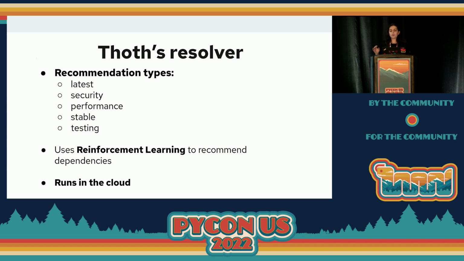But for users developing programs where the focus might be on performance, for example, the resolver can be adjusted to the performance recommendation type to get dependency versions which will maximize the performance of an application according to a user's hardware and software environments.